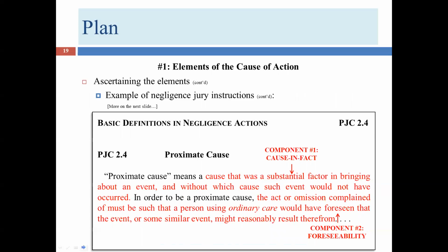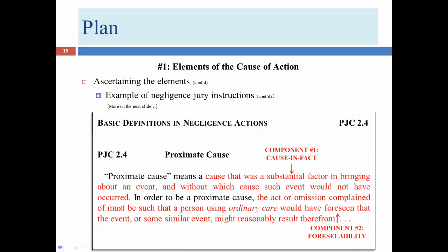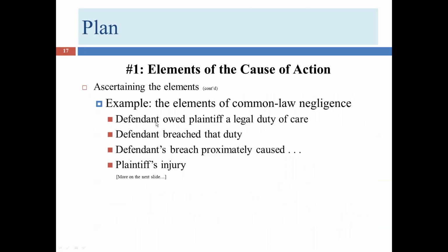The next slide is going to address the issue of causation. Let's go back to our list here. I'm sorry, I think I hit the wrong button here. We're going to skip over two and go to three. The reason that we're not having any kind of a pattern jury charge on this one is that this is all facts. Well, what did defendant do?